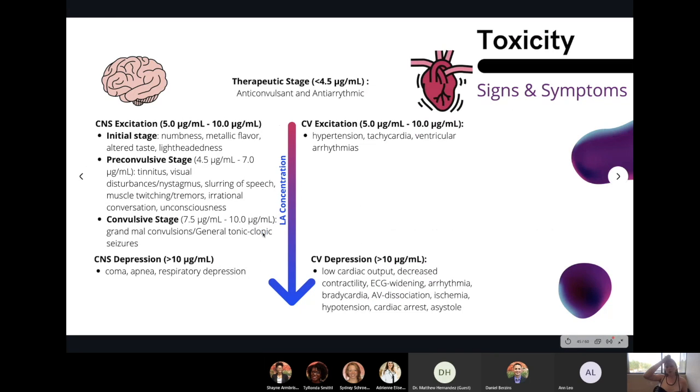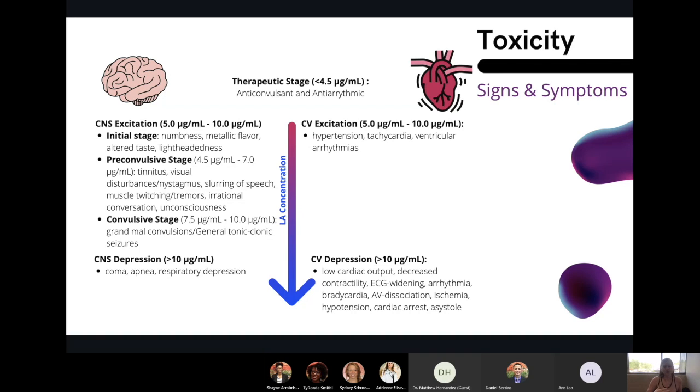So now let's talk more specifically about the stages of LAST. The cardiovascular system is more resistant to local anesthetic toxicity than the central nervous system. The pattern of toxicity goes from CNS excitation, to CNS depression, to cardiovascular excitation, to cardiovascular depression. However, like we were saying before, this is the typical presentation and a patient may have an atypical presentation.